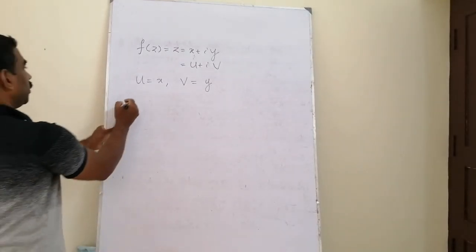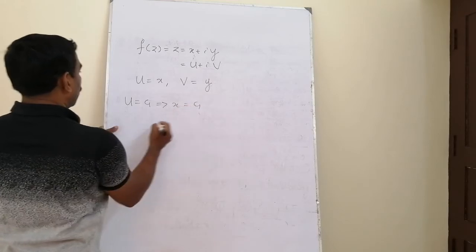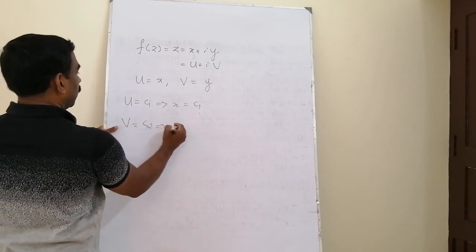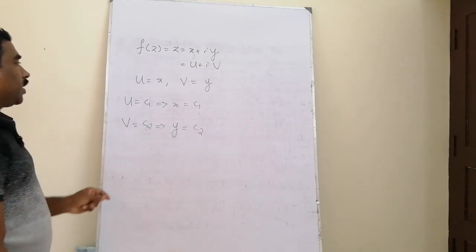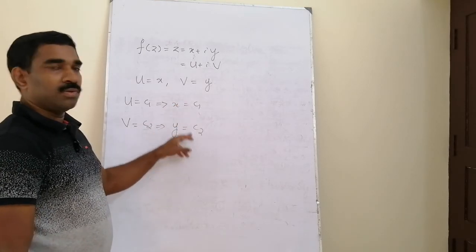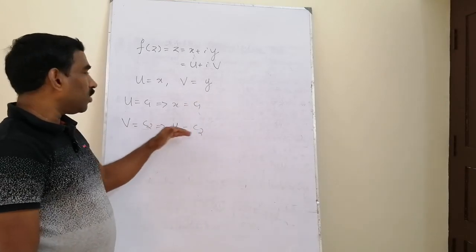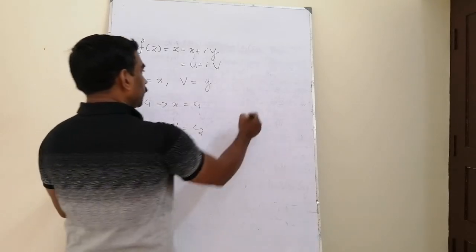Now what are the families of curves? u equal to c1 implies x equal to c1, and v equal to c2 implies y equal to c2. So x equal to c1 means all vertical lines, and y equal to c2 means all horizontal lines.